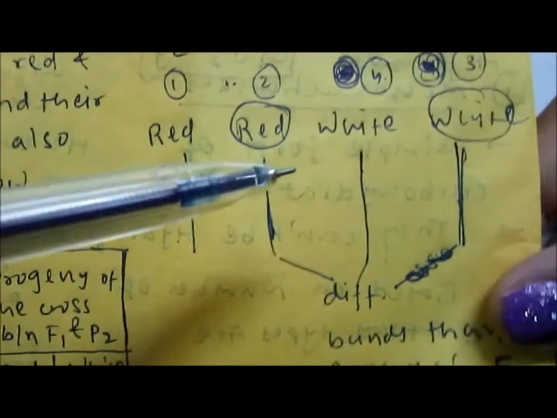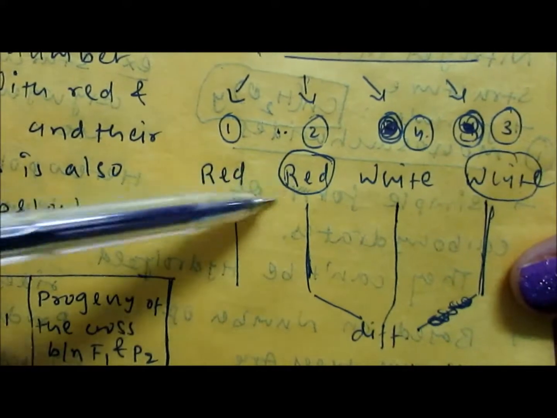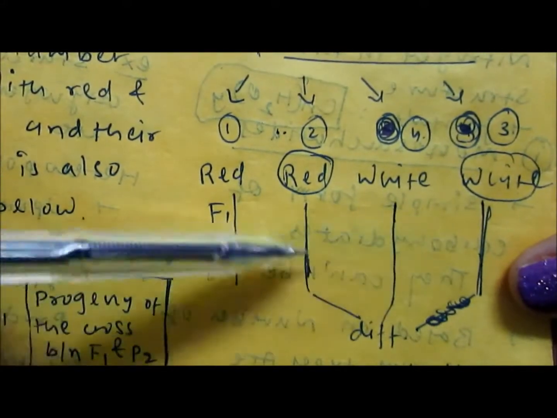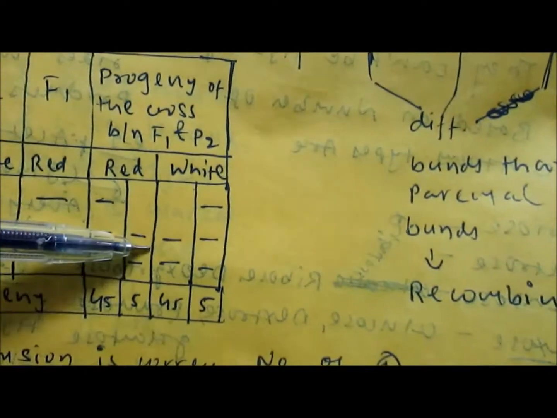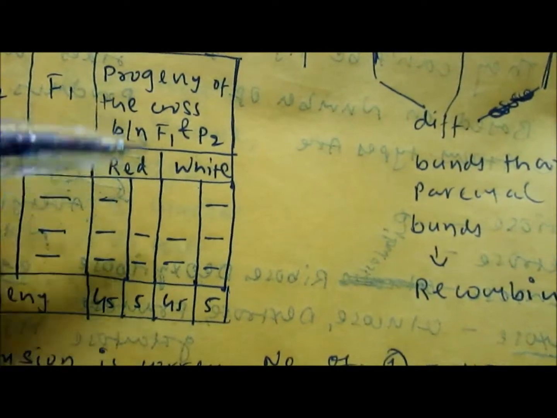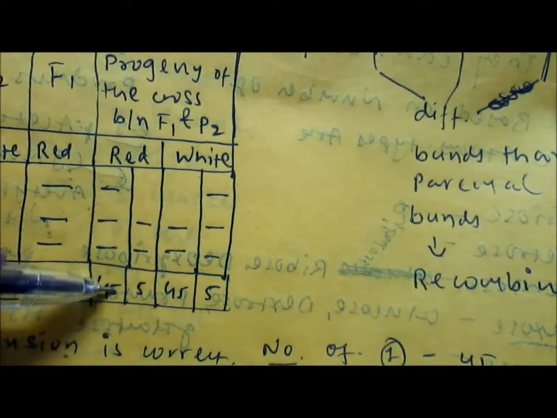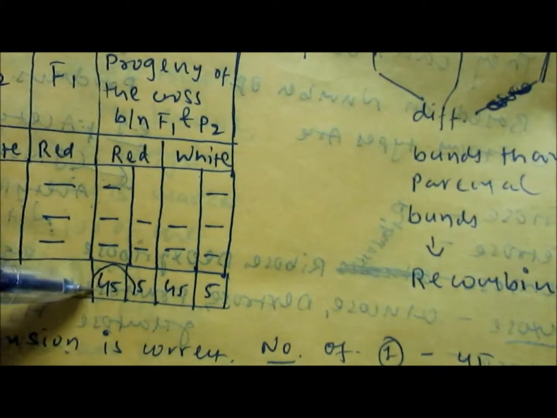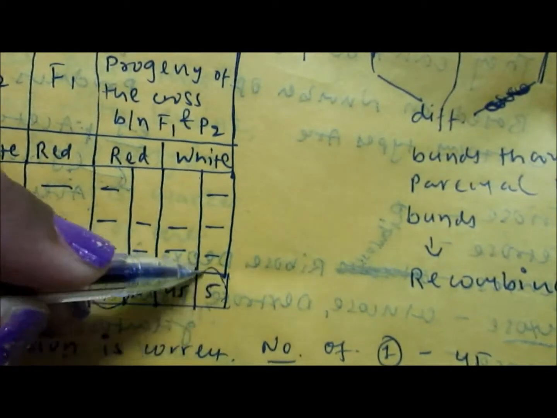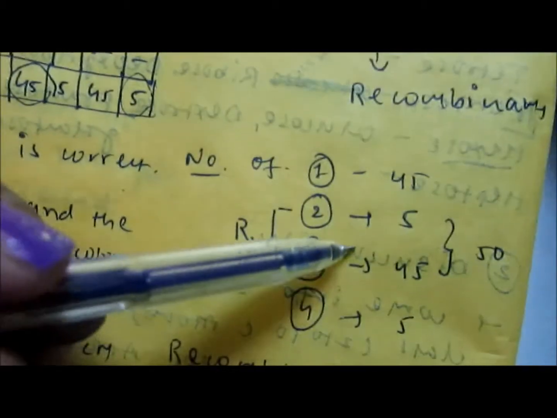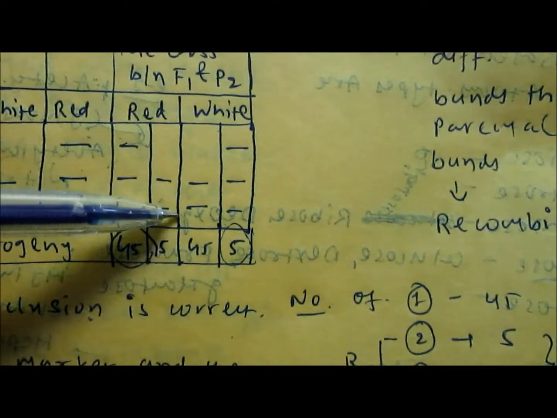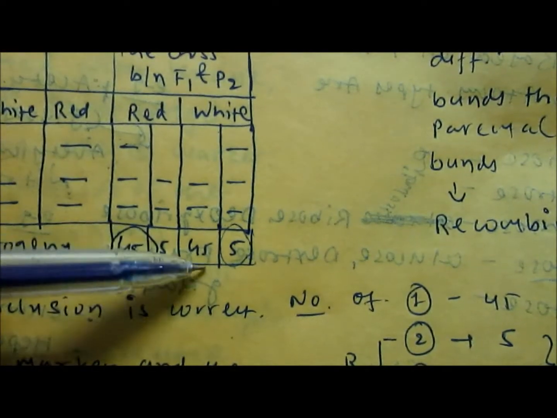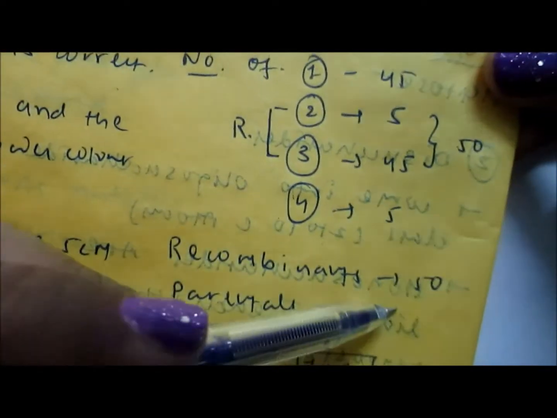So this is the explanation of what are parental and what are recombinant types. From this table we can see the number of parental phenotypes. The number of parental phenotypes is 45 plus 5, so a total of 50 look like parental, and the remaining 5 plus 45 are recombinant types.